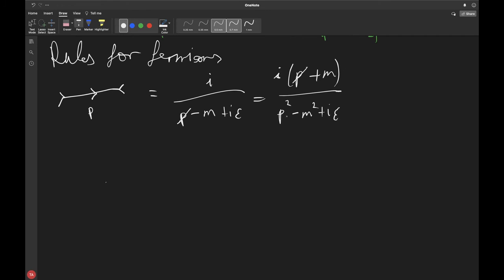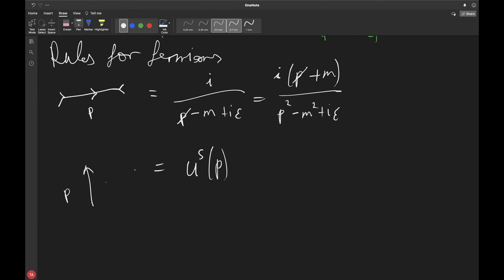So now it has a similar form as we have seen above, but the new thing is that this is going to be a matrix, right? Because we slash the four-momentum together with the gamma matrix, and by that we get a matrix. When we have an incoming particle with momentum p and spin s, that's going to be described with u_s of p, the function that we discussed in the last video.